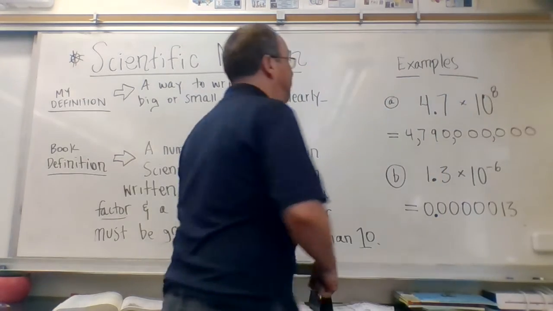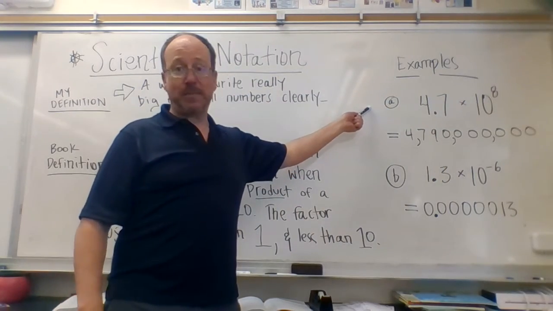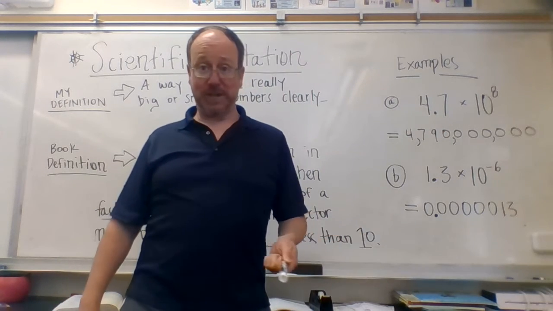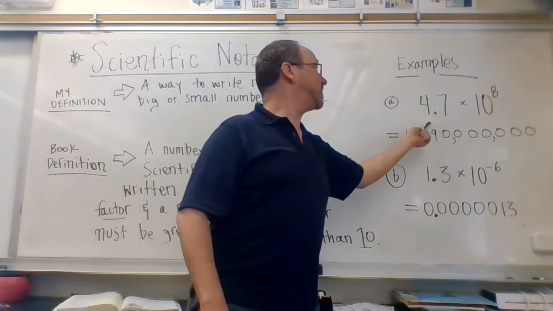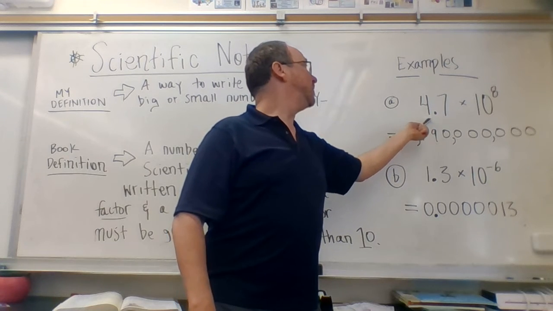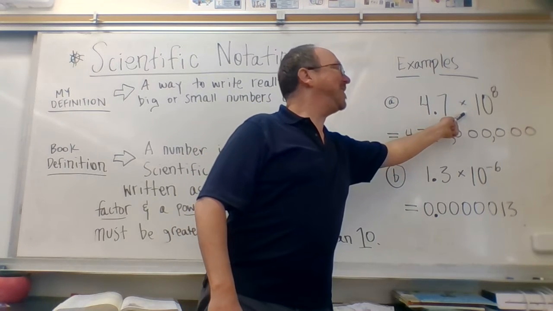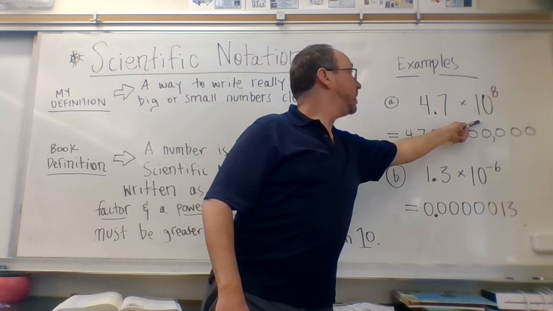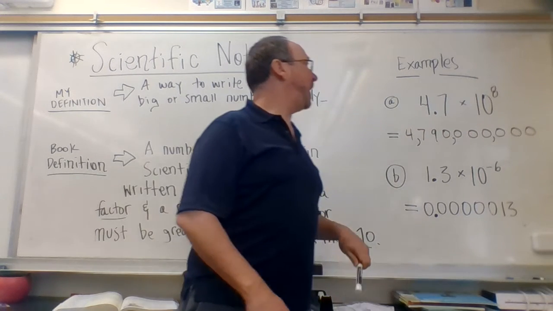So, for example here, this is scientific notation. You've got a factor between the value of 1 and 10, 4 and 7/10, times a power of 10. Here it is 10 to the power of 8.